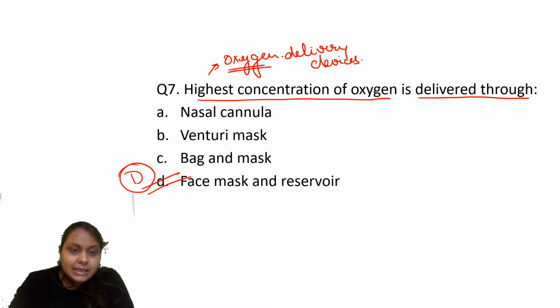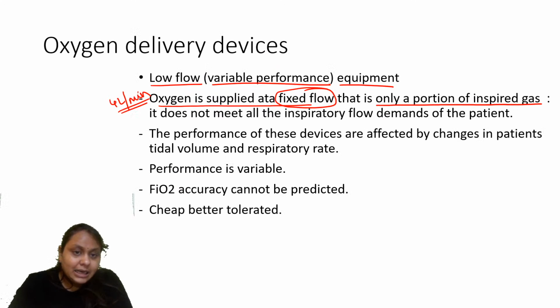Dr. Kunal has given B, that is Venturi mask. It is not Venturi mask. In Venturi mask only 0.6 goes, face mask with reservoir goes up to 0.8, and therefore the answer is D. I'll tell you how.